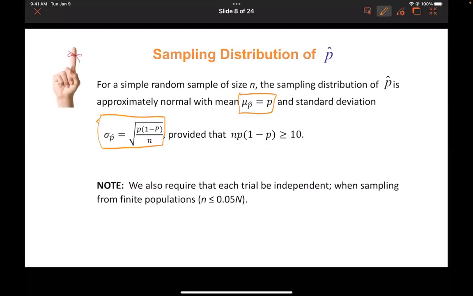As we talked about before we started recording, when we're dealing with proportions, we use this for standard deviation. We're approximately normal if np times 1 minus p is greater than or equal to 10. And also, in order for the trials to be independent, we have to be less than 5% of the entire population.